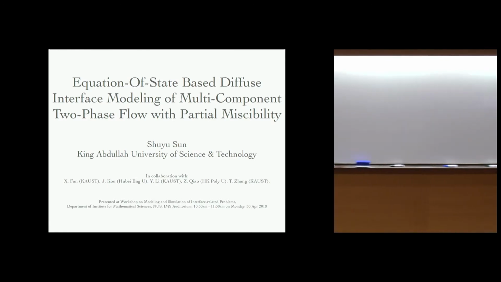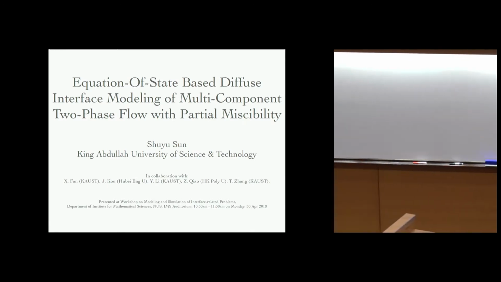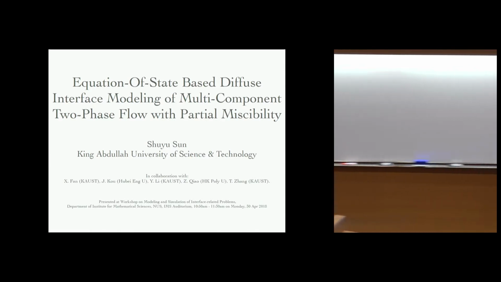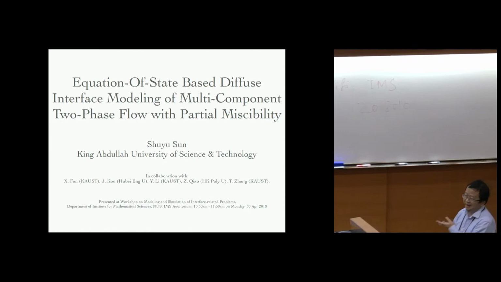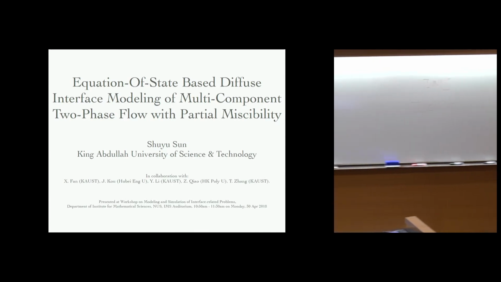In reality, many two-phase systems have some miscibility, some more and some less. For example, even the air and water phases are typically assumed fully immiscible, but we know that the air component can dissolve in the water phase. Otherwise, all the fish would die from the lack of oxygen.